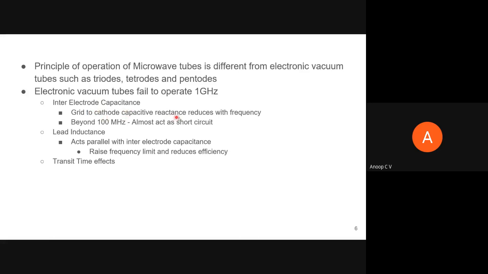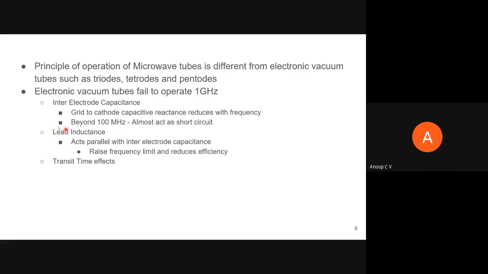Grid to cathode capacitive reactance reduces with frequency. Beyond almost 100 megahertz, conventional tubes act as a short circuit. That is one issue.